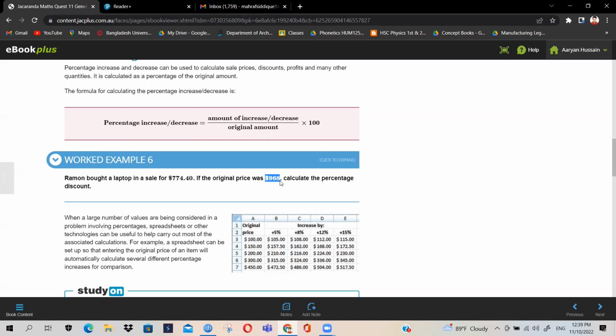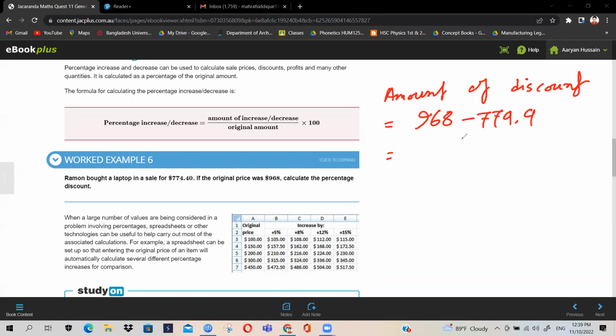So what is the amount of discount, or the amount of reduction? The amount of discount equals 968 minus 774.4. Based on that you will get something.